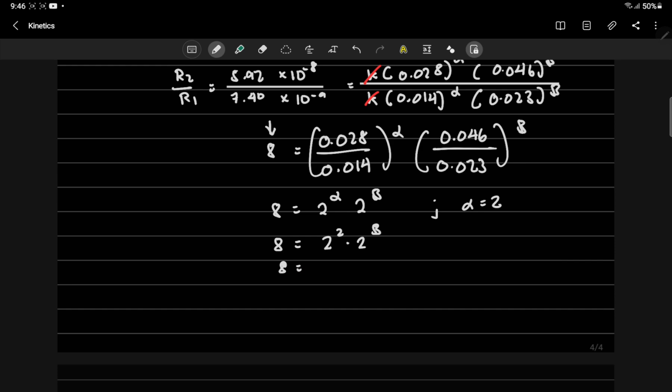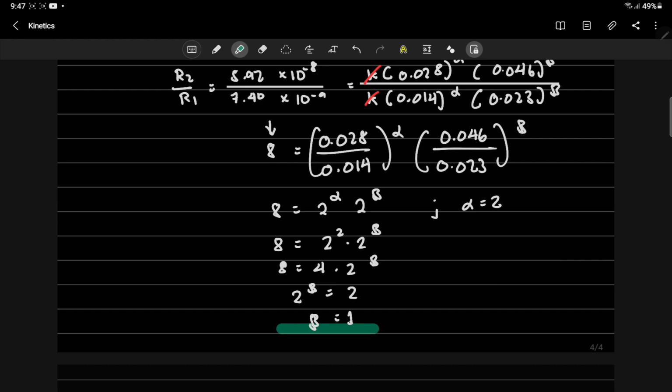Or 8 equals 4 times 2 to the beta. Or 2 raised to beta is equal to 2. Sorry, it should be 2. And therefore, you will find that beta is now equal to 1.